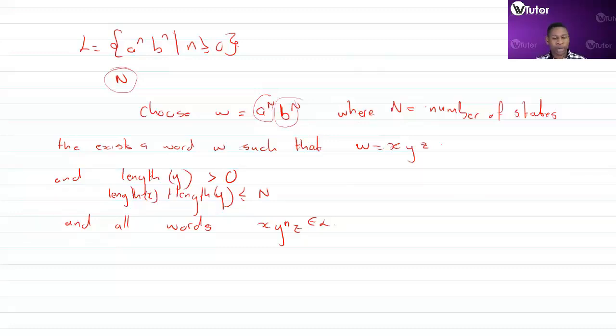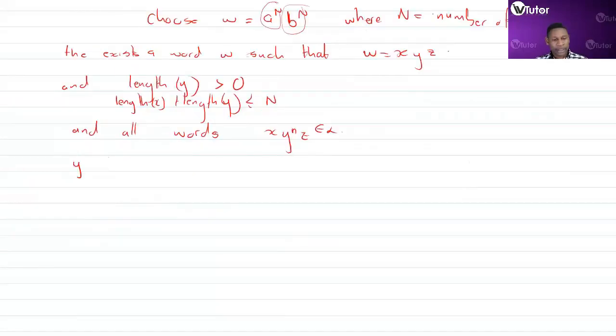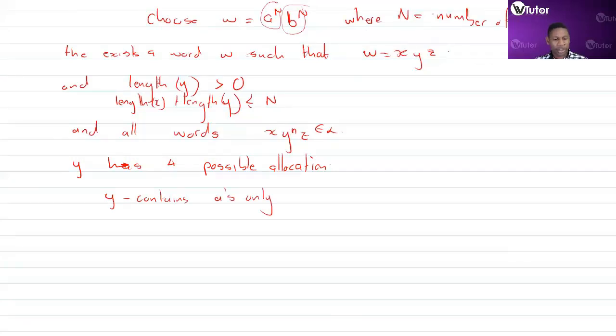So let's choose the possible allocations that we can find. We can then say Y has 4 possible allocations. Y contains A's only, that's number 1. Number 2, Y contains B's only.